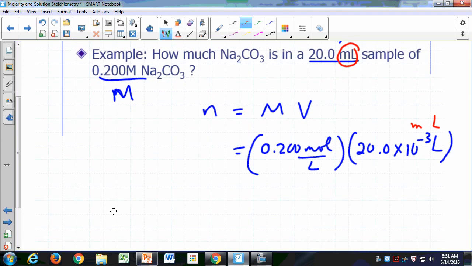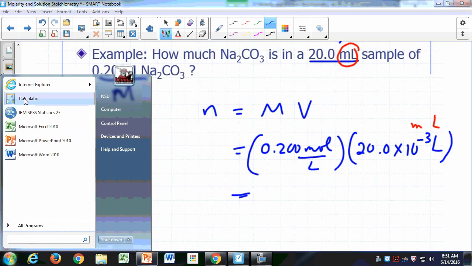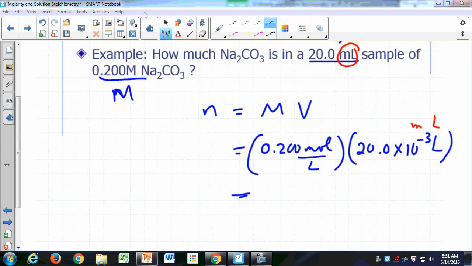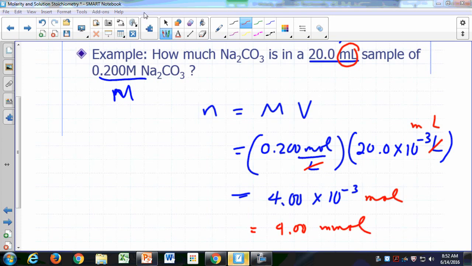If you solve for this, it's 0.2 times 20, that's 4, with 3 sig figs: 4.00 times 10 to the negative 3 moles, as liters cancel out. Or you can say that's 4.00 millimoles if you want to put it in millimoles.